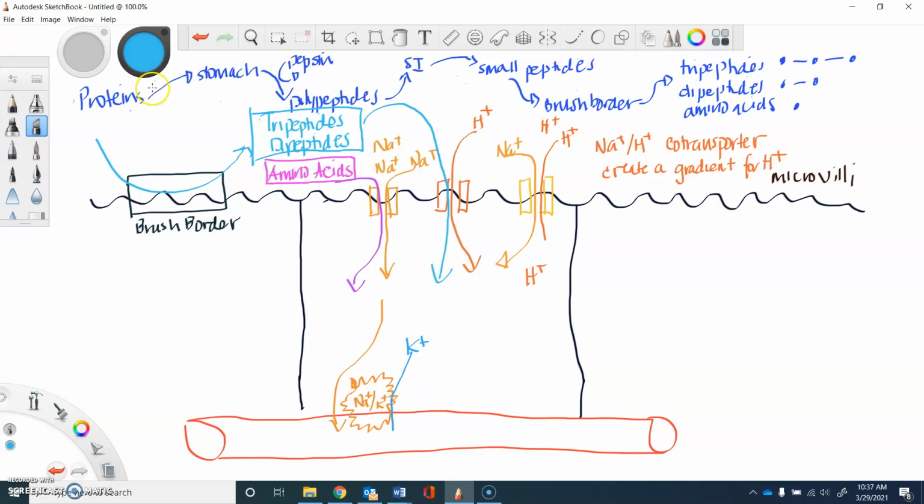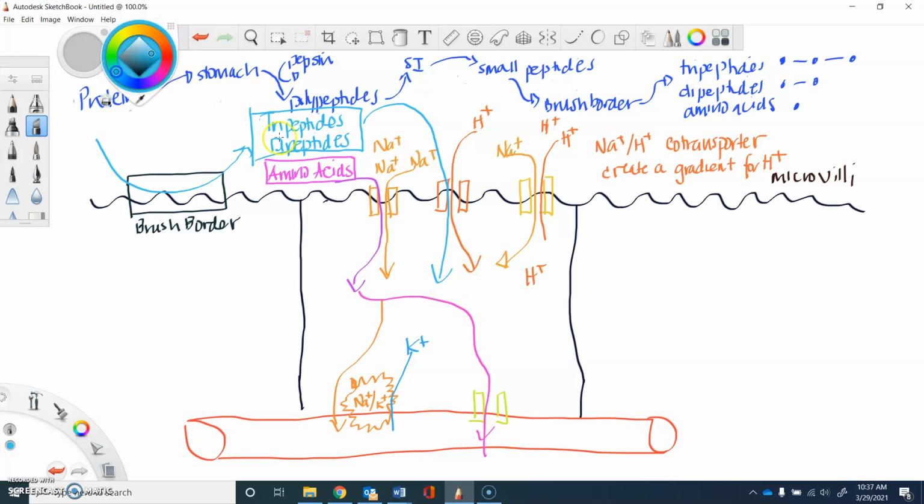So at the bottom here, of course, they can't stay in the cell. So down here, there is a transporter that allows for the entrance of all of these: my amino acids and my di and tripeptides, into the blood.